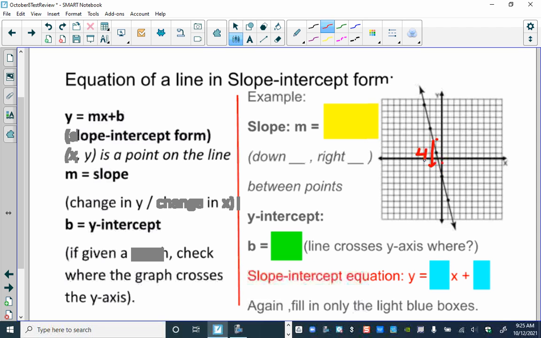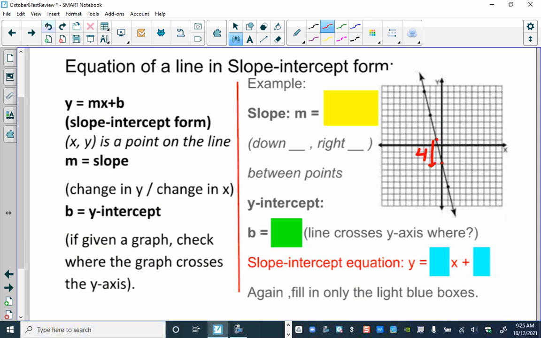Went down 4. And then did we go to the right or to the left? To the right, just 1. If you go down, is that positive or negative? Going down is -4. And to the right is positive, in this case +1. So remember, it's down over right.